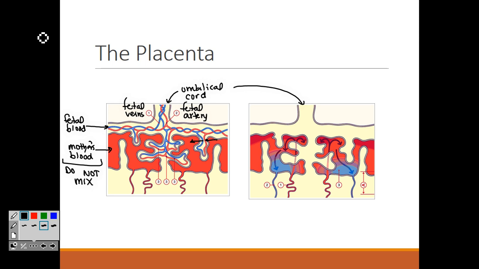So things could move from the fetal veins into the mother's blood, or things could move from the mother's blood into the baby's blood, not because the blood is actually mixing, but because of diffusion. So the placenta allows exchange, usually via diffusion, so diffusion across cell membranes, between mother and baby.